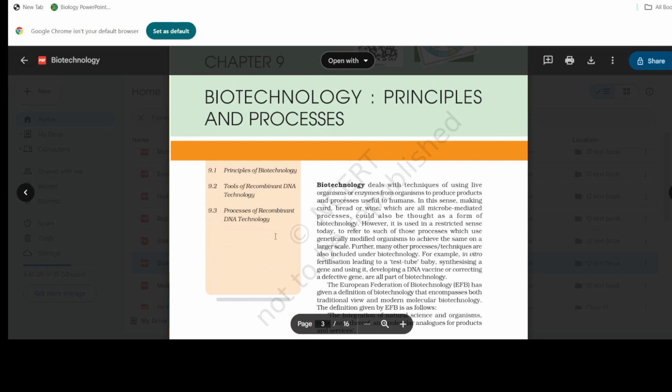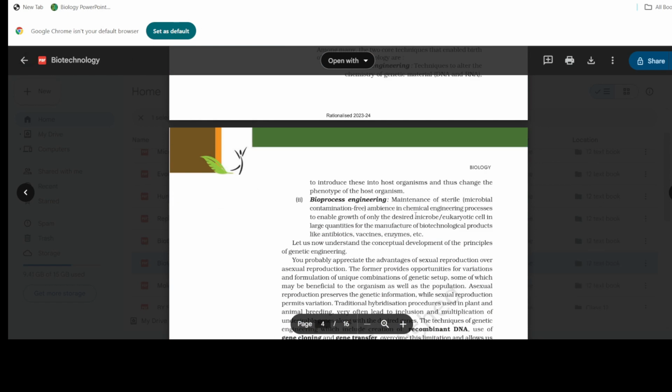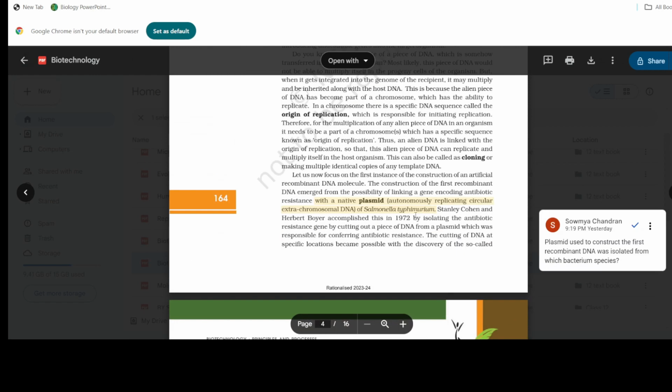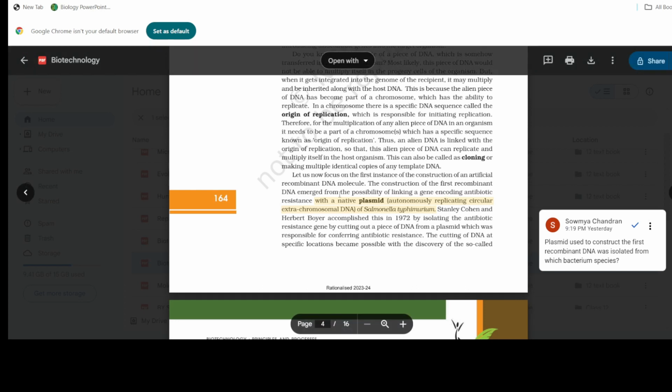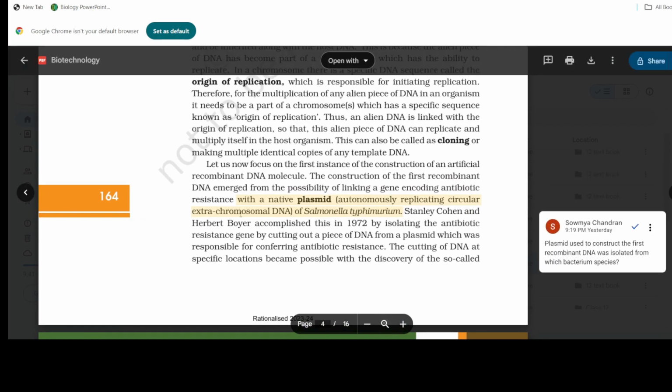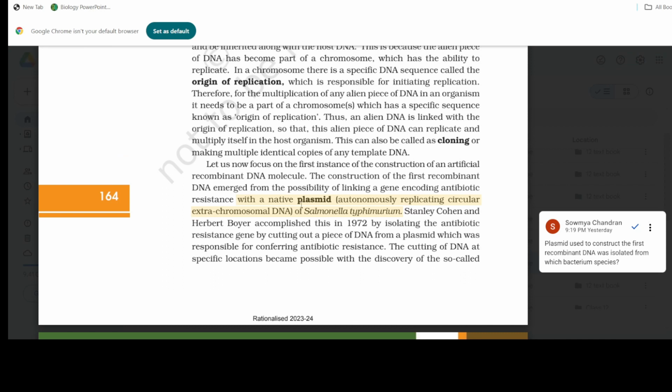Biotechnology: Principles and Processes. You can see here, towards the beginning of the chapter, under the heading Principles of Biotechnology, in this paragraph, they're talking about plasmid for the first time. The construction of the first recombinant DNA emerged from the possibility of linking a gene encoding antibiotic resistance with a native plasmid, autonomously replicating circular extrachromosomal DNA.